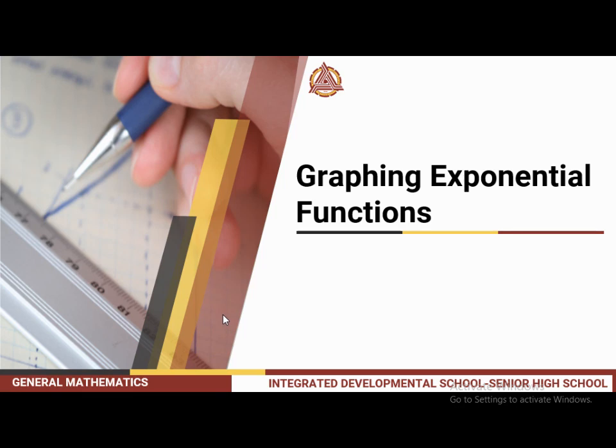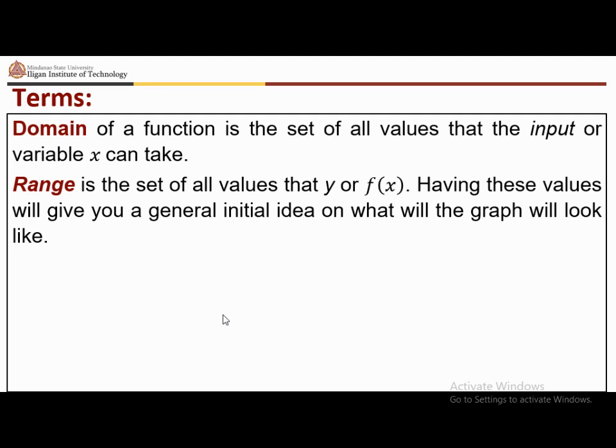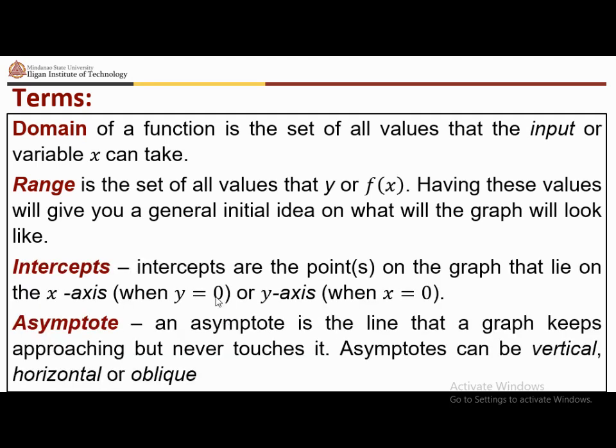Okay, now, we will proceed to graphing exponential functions. In graphing exponential functions, we need to familiarize ourselves with the terms used here, specifically the domain, the range, the intercept, and the asymptote. The domain of a function is the set of all values that the input or variable x can take.